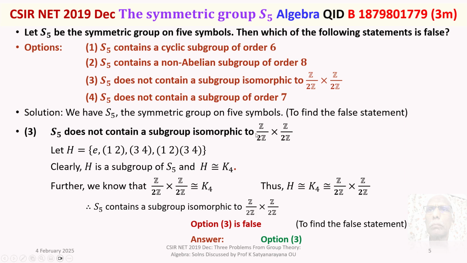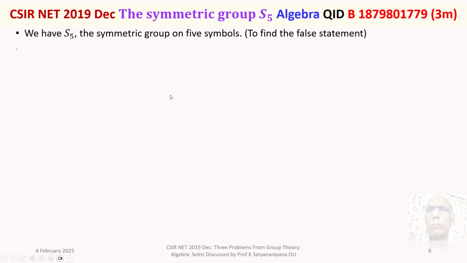But our people will ask how the remaining options are true. That I will show you in the next slide. We take option 1: S5 contains a cyclic subgroup of order 6. For this, we give an example.